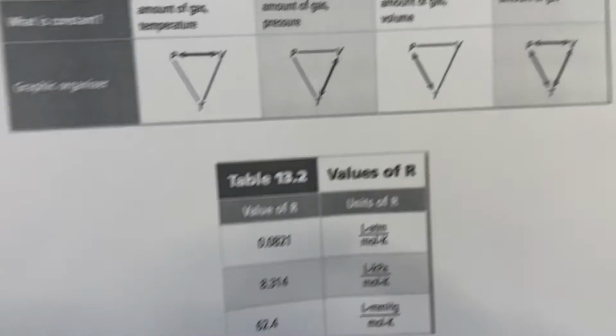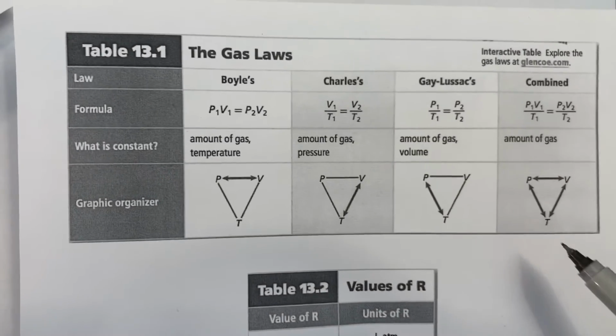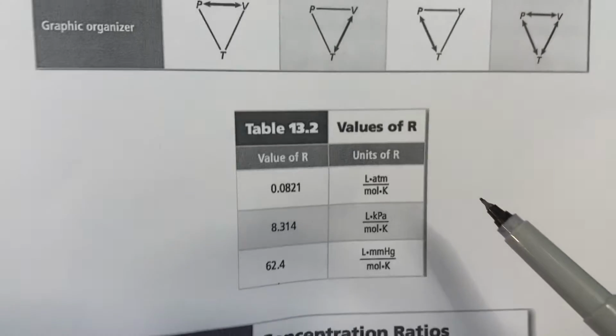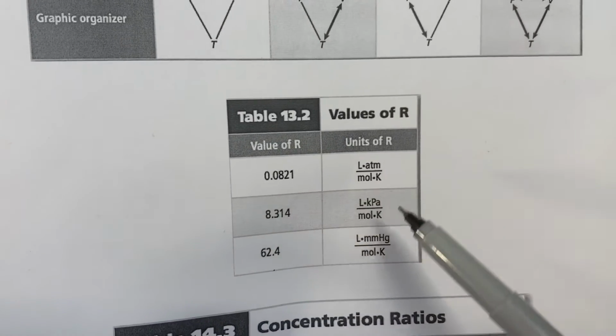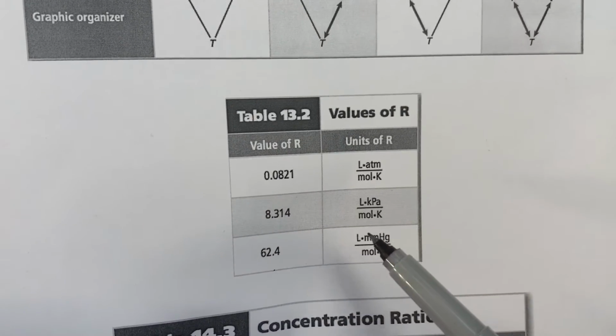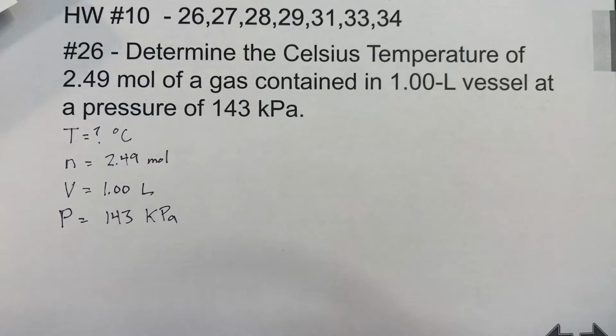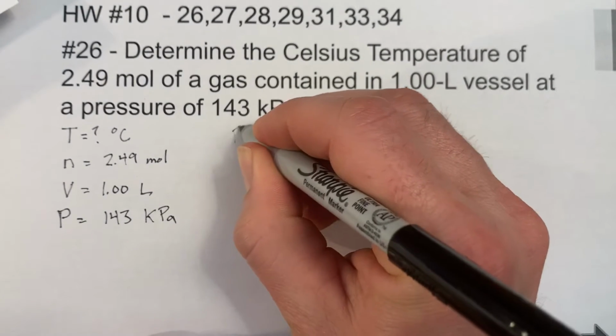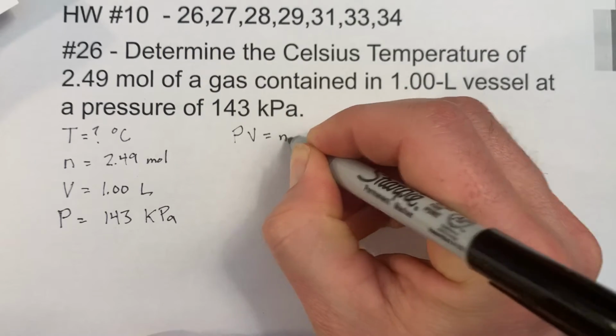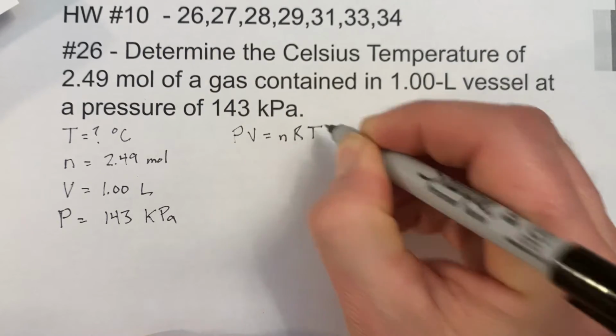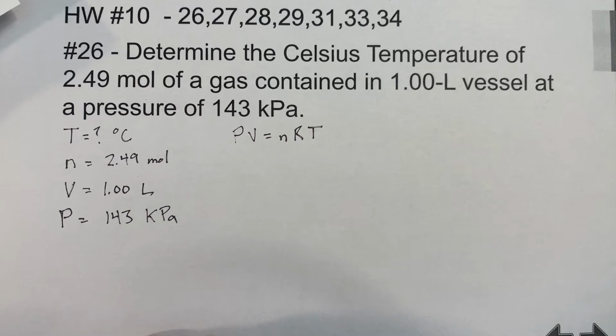The ideal gas law is not on your equation sheet, but there is some information about it here, and we'll get back to that in just a second. So the ideal gas law is PV equals nRT, and for now we'll just say you've got to memorize that.